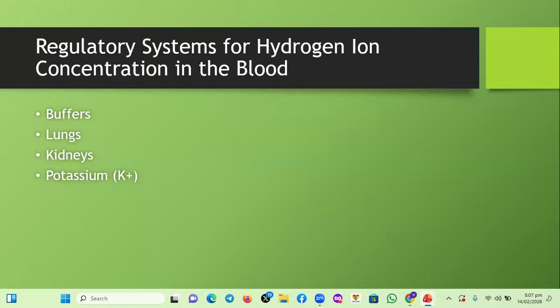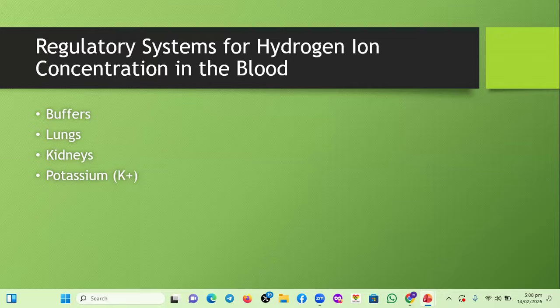We have extracellular fluid and intracellular fluid, and the blood is more of the extracellular fluid. If you have more hydrogen ion in the blood, the potassium, which is in the cells, can move into the blood and push excess hydrogen ion into the cells, and that helps neutralize the blood.